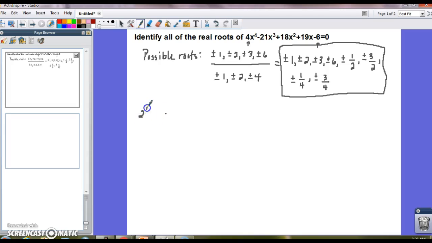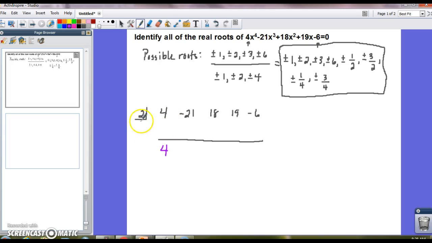So I have the 2 here and then all of my coefficients: 4, -21, 18, 19, and -6. I'm going to go ahead and do my synthetic division.